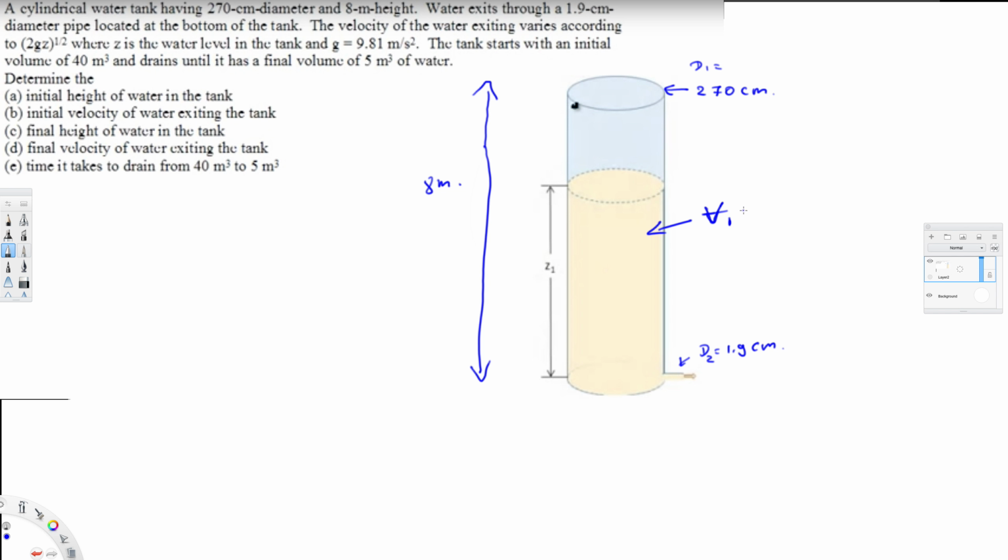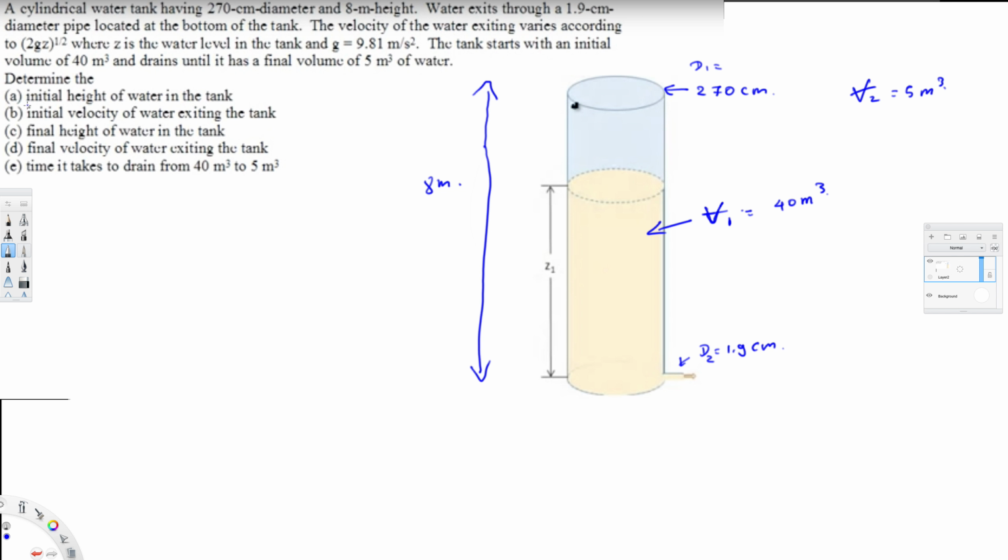So V1 is 40 meter cubed, and it drains until it has a final volume of 5 meter cubed. So V2 is equal to 5 meter cubed, and this is the information we have.